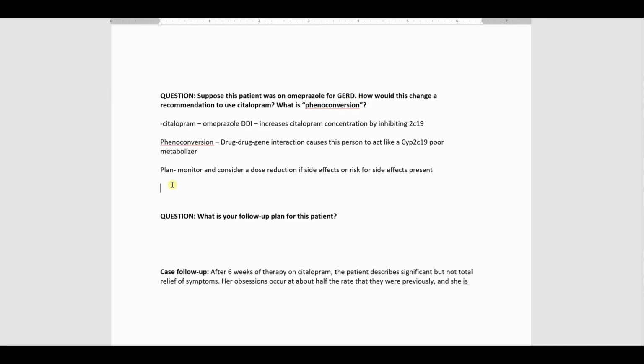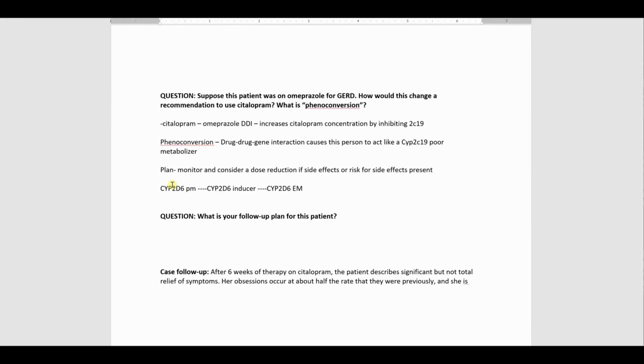You could be, for example, a CYP2D6 poor metabolizer, and you could be put on a CYP2D6 inducing drug, and that would lead you to have a phenoconversion where you almost act like an extensive metabolizer.